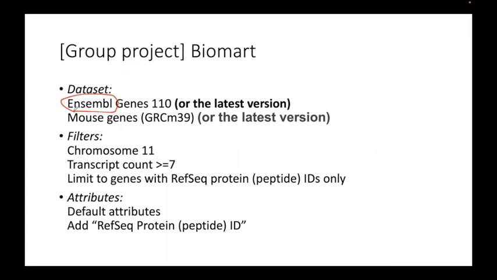You know, the HBB gene is listed in the gene database of Ensembl, right? So can you query against Ensembl genes? You want to query not the transcript database but the gene database, for example the HBB gene in the gene database.